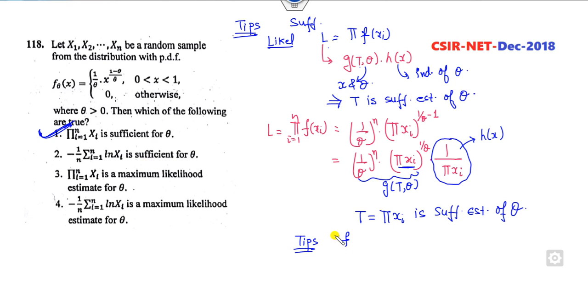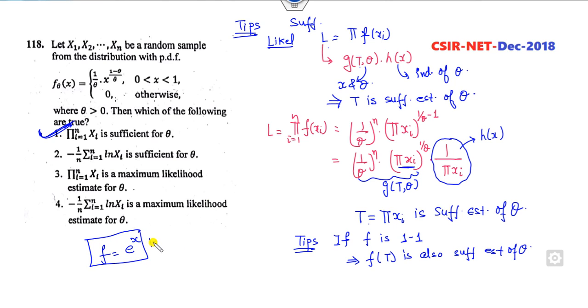If you define any function which is one-one, then f of T is also a sufficient estimator of theta. Meaning, if I simply take f as e raised to power x, clearly e raised to power x is one-one. So if I prove that, I have already proved this is the sufficient estimator.